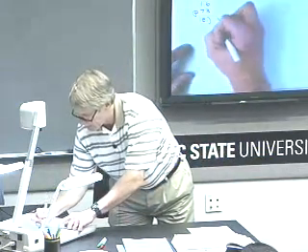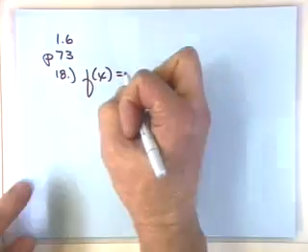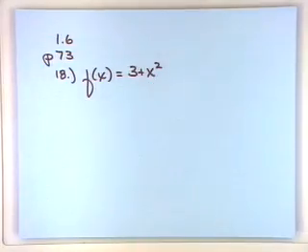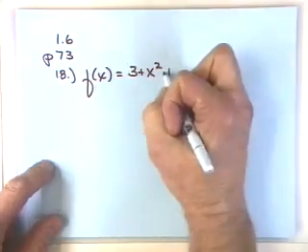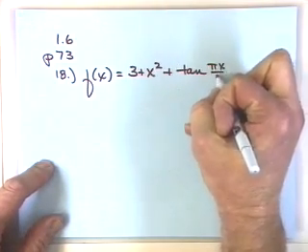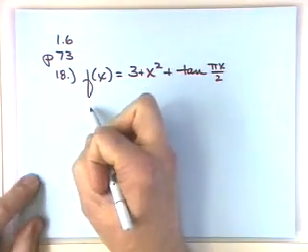All right, 18. The function, kind of an ugly function, 3 plus x squared is pretty tame. But then we've got tangent of pi x over 2. And then it asks a couple questions about this function related to some inverse questions. It says, what is the f inverse of 3?